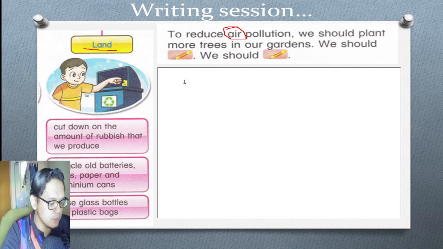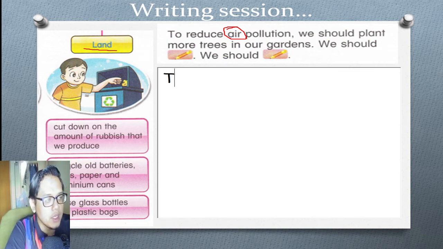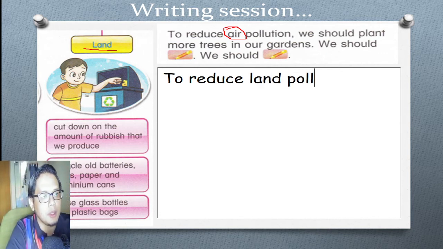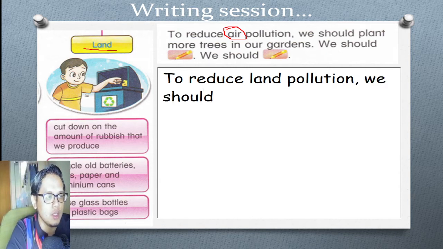Be careful. So we write to reduce what pollution? Land pollution. To reduce land pollution, we should, don't copy this one anymore. This is for air pollution. So take the first point. What should we do?